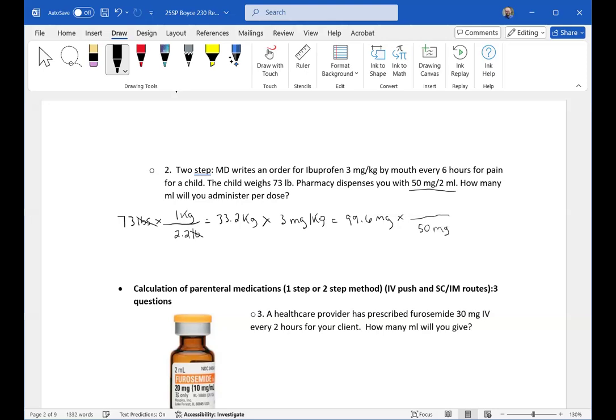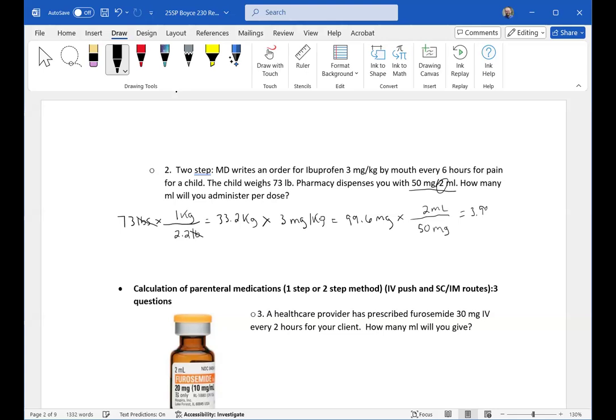So 50 milligrams, 2 ml. Don't forget, especially if you're doing ordered over available, that it's 2 ml. A lot of times you'll just out of habit put 1. Make sure you're paying attention to what that quantity is. So 99.6 times 2 gives you 199.2, divided by 50, and what we get is 3.984.